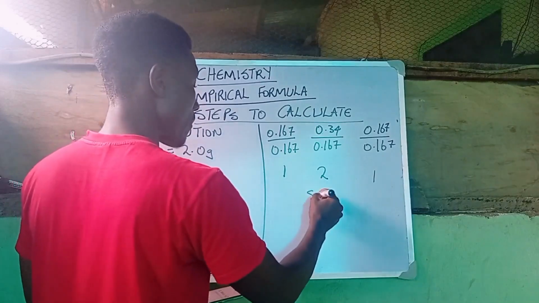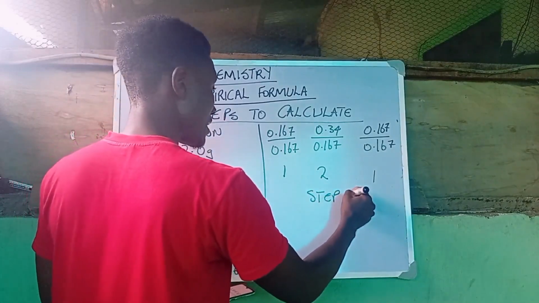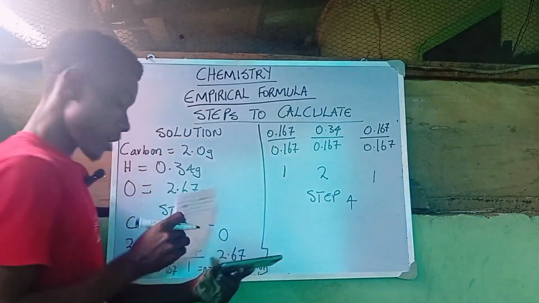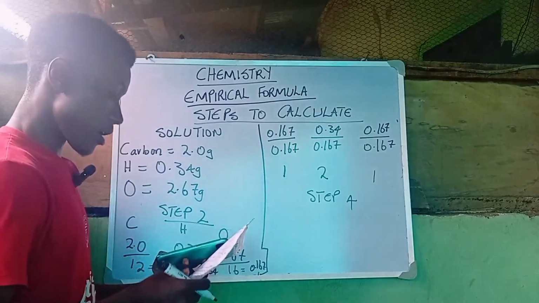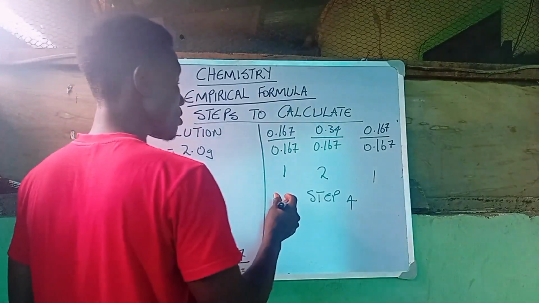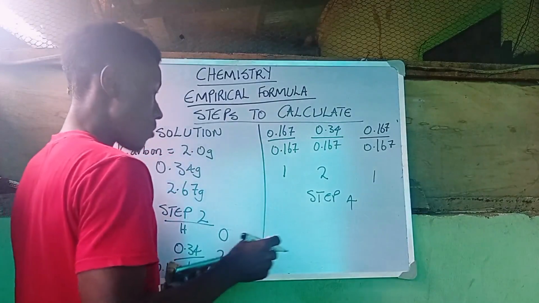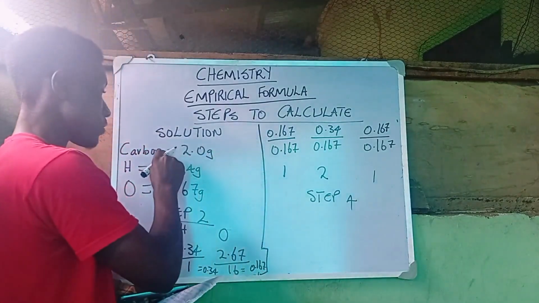Then the ultimate step 4, which is representing it in the empirical formula. What you simply do is bring out each of these for the compound.